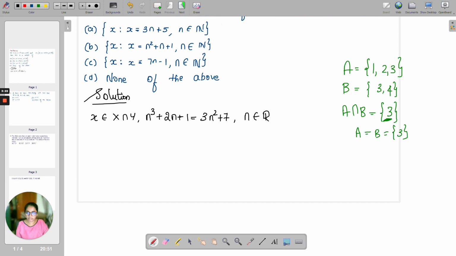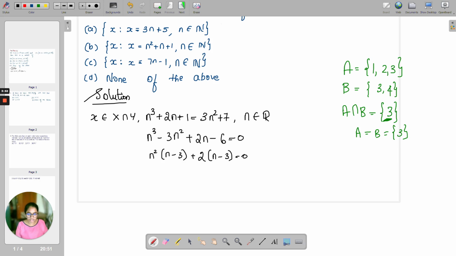So now let me simplify this. We would get n cube minus 3n square plus 2n minus 6 is equal to 0. Taking n square common, I would get n minus 3, plus 2 common, again I would get n minus 3.